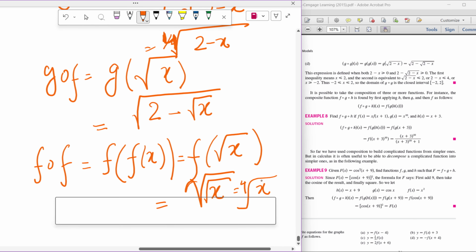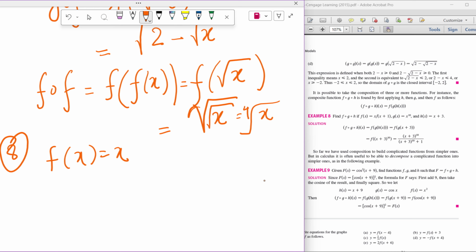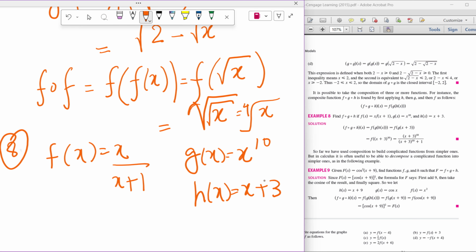We can also have three functions. Just look at the example. Example number 8: f of x is equal to x over x plus 1, g of x is equal to x power 10, and h of x is equal to x plus 3.